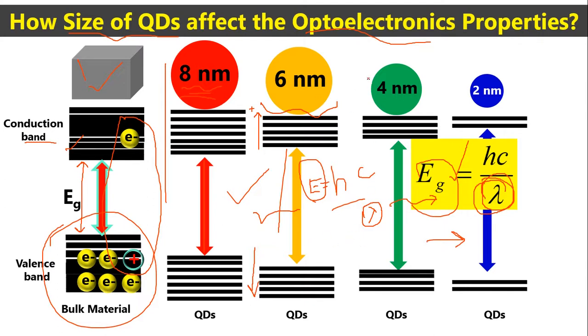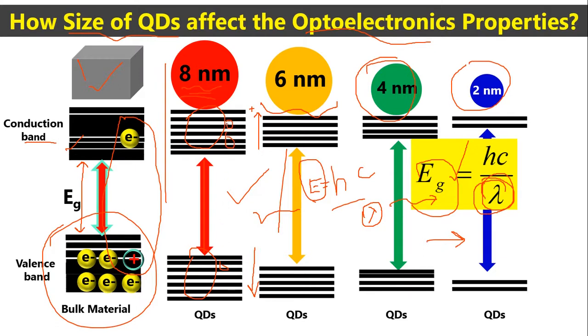When we further decrease the size to 4 nanometer and further to 2 nanometer, we further increase the band gap. Why? Because it is a very simple theory that in this case, more electrons are occupied in this area, and when we excite the electron, more holes are here and more electrons are there.